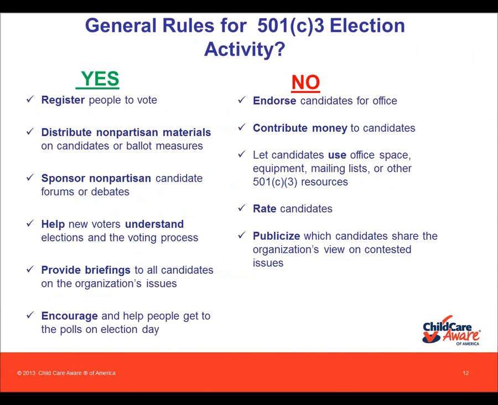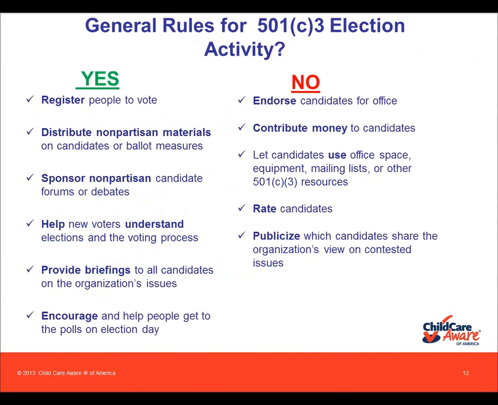What you should stay away from as a 501c3 is endorsing candidates for office, contributing money to candidates, and letting candidates use any office equipment, office space, paper, pencils, all that stuff is a no-no, any other resources.